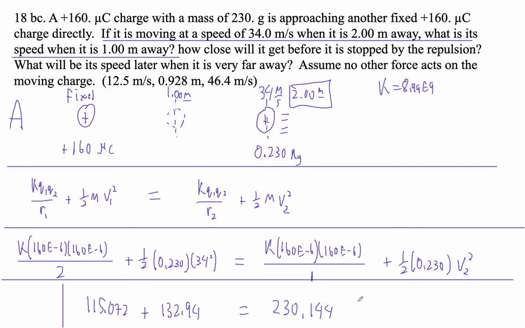And then plus 1/2 0.23 times V2 squared. Okay, so let's see. I'm going to do this plus this, subtract that. I can do this. Okay, where is it? There it is. That guy plus this guy minus this guy.